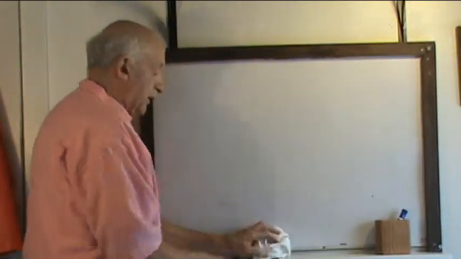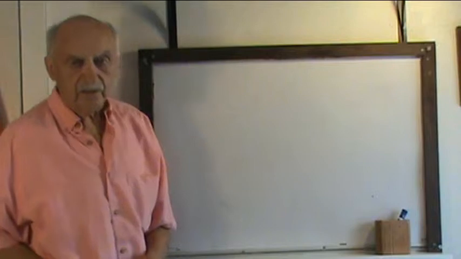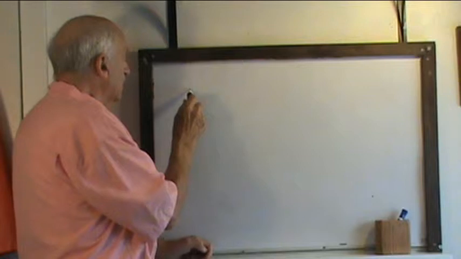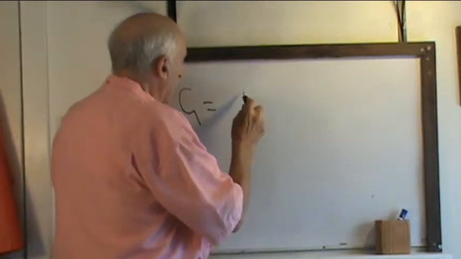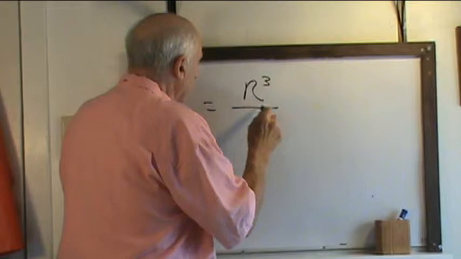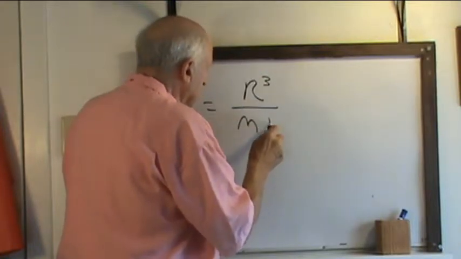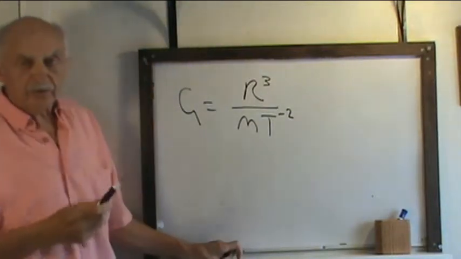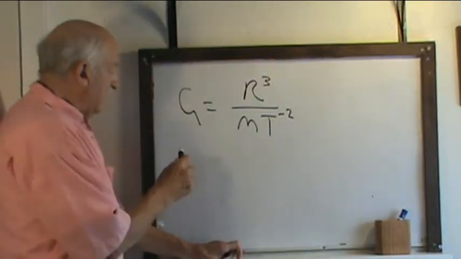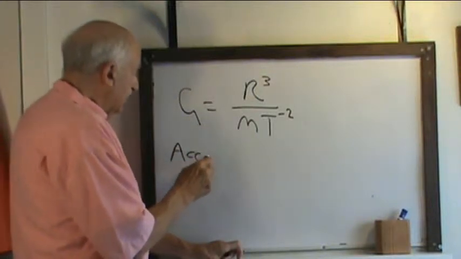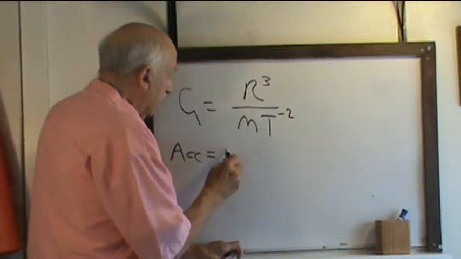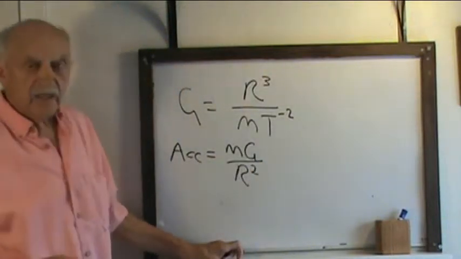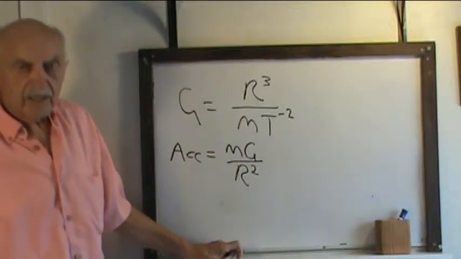Now, let's just see what that means, because if that is so, we can do some extraordinarily interesting things. Let's take some samples and look at them. For example, if we take G as equal to R cubed over m t to the minus 2, and from that we put that into Newton's equation, we find that acceleration is equal to, as he put it, mG over r squared, and we often wonder where that square law comes from.